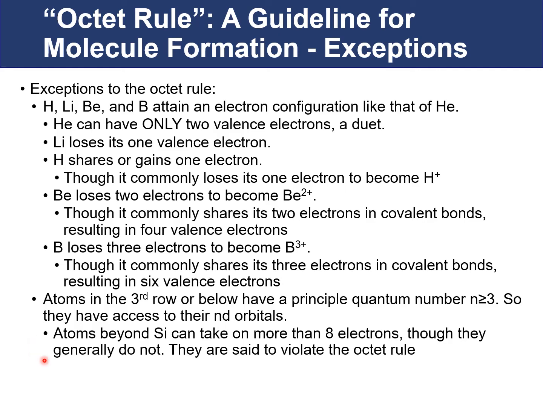This is what we call violating the octet rule. At times, there is greater stability in those atoms taking on more than 8 electrons, and they can do so, though it is a violation of the octet rule. The octet rule itself, for anything that is not in the second row, is more of a general guideline than a hard, fast rule.